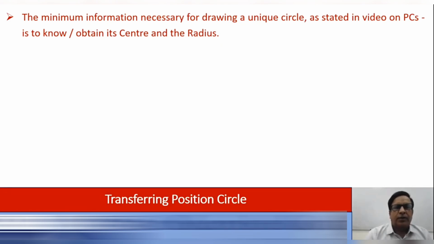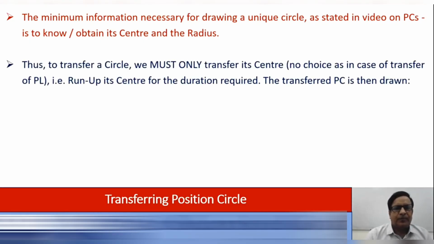So we need to carry out an exercise which gets us the center and the radius. Thus, to transfer a circle, we must only transfer its center. Unlike the transfer of position lines, where we could have taken any point of our choice in the PL and run it up, in case of position circle, we do not have a choice.